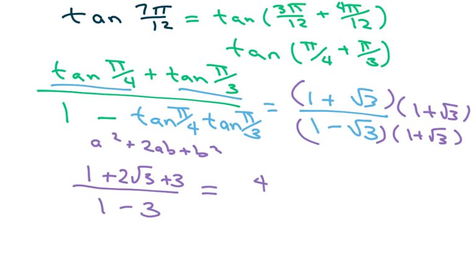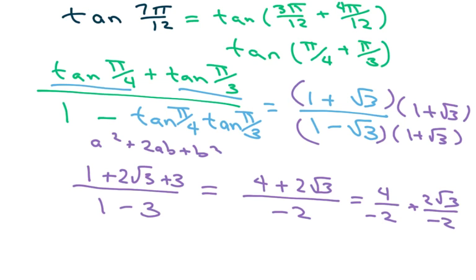Simplify that, you get 4 plus 2 square root of 3 over negative 2. And I'm going to write that like this. So you get negative 2 minus square root of 3. And that's all. The next ones I'm going to do are one with secant and one with cotan.